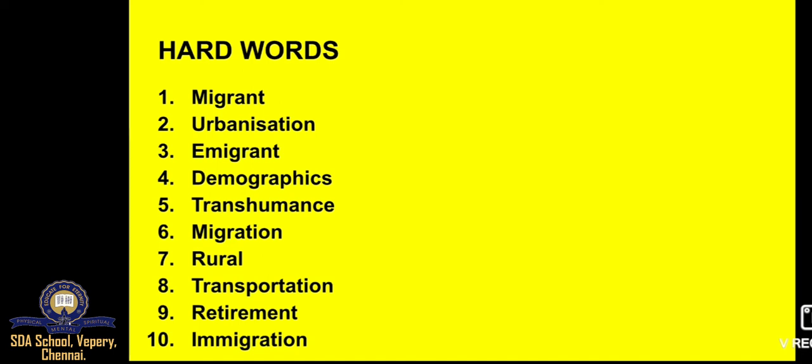Fifth one, transhumance. Sixth one, migration. Seventh one, rural. Eighth one, transportation. Ninth one, retirement. And 10th one, immigration.